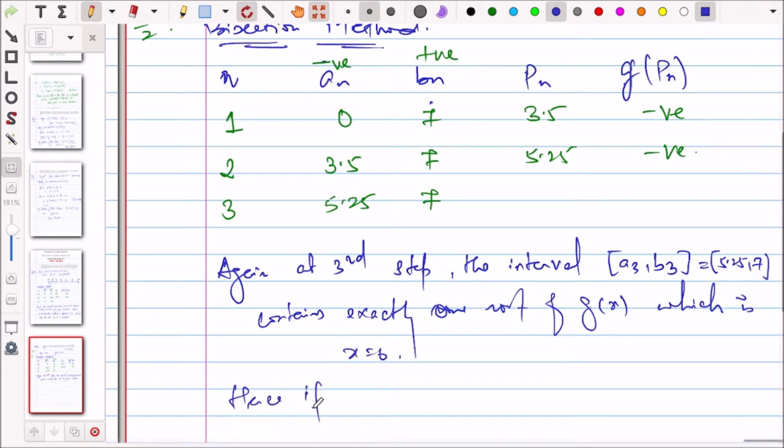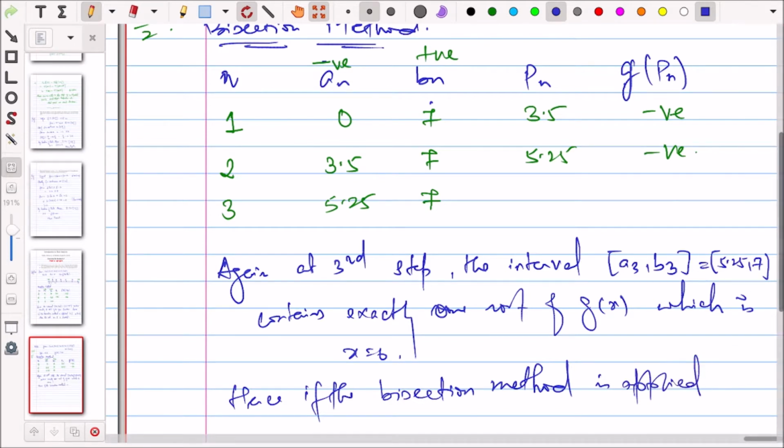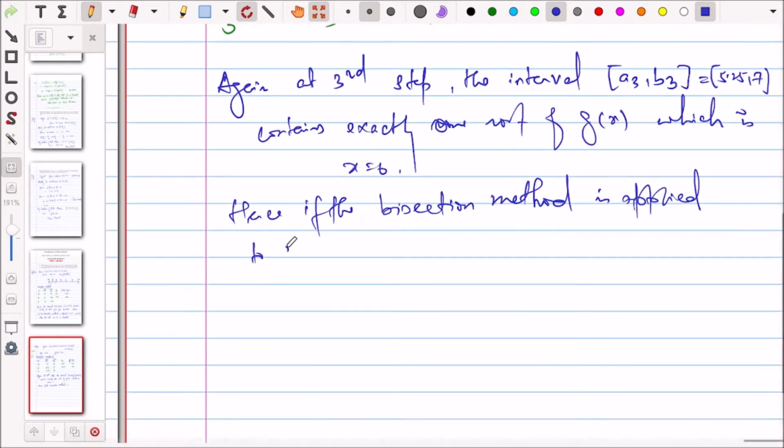Hence, if the bisection method is applied to g(x) on 0 to 7, then the root x equal to 6 will be located.